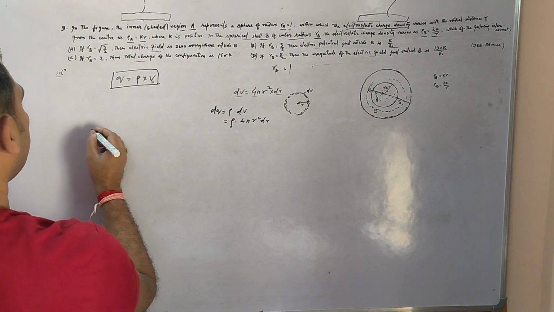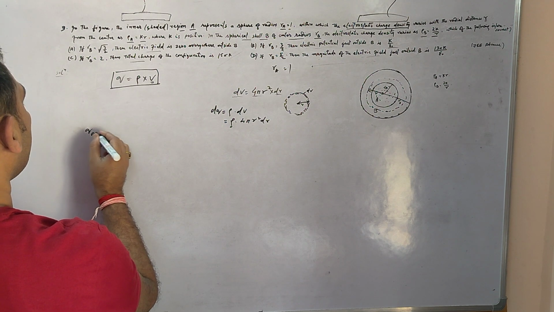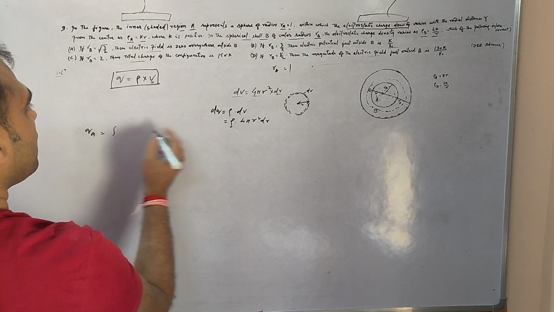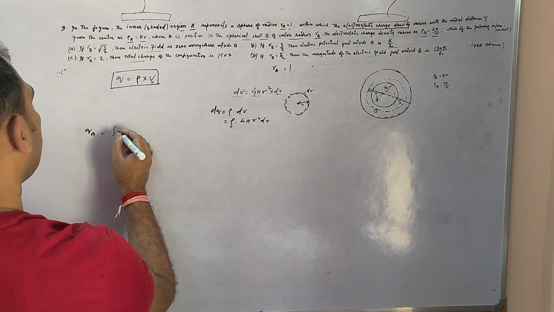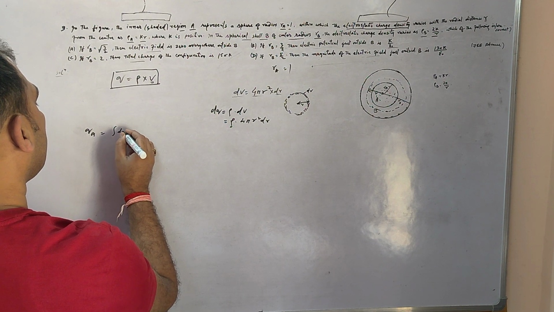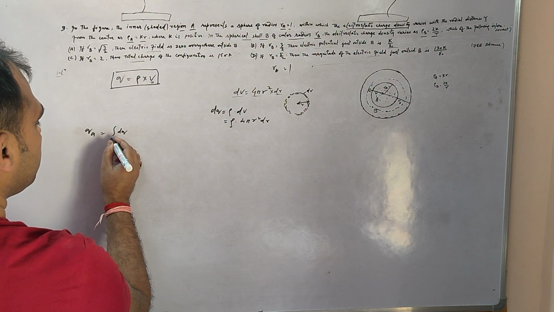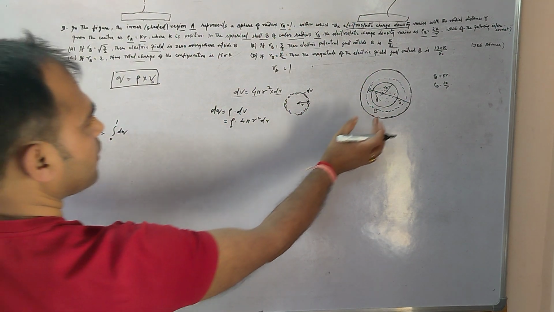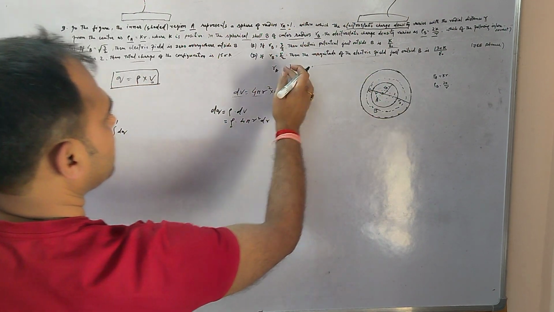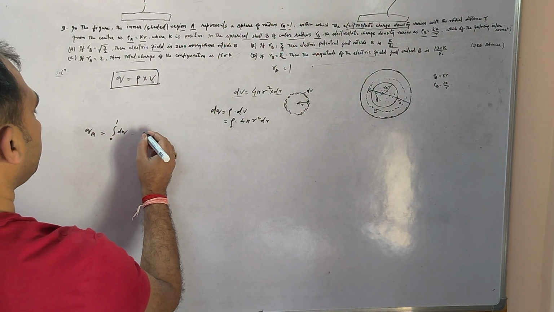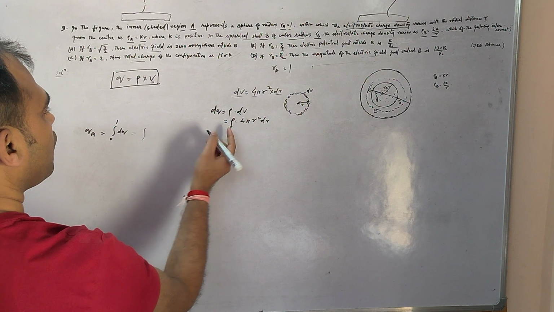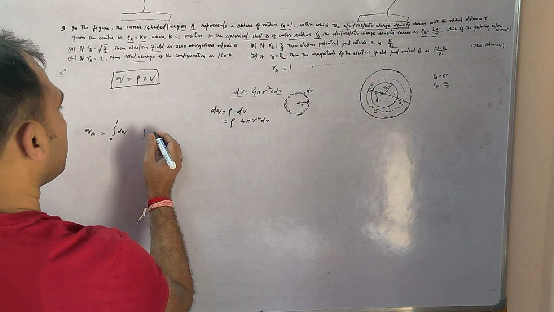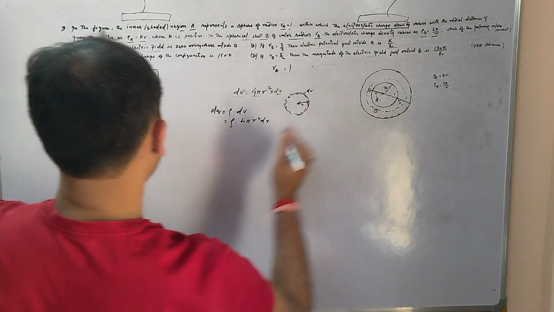What will be the value of QA? QA will be equal to the integration of dq from the center 0 to RA equal to 1. Rho is given as kr for this region.